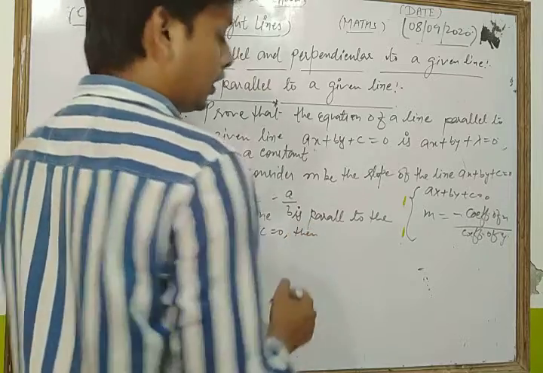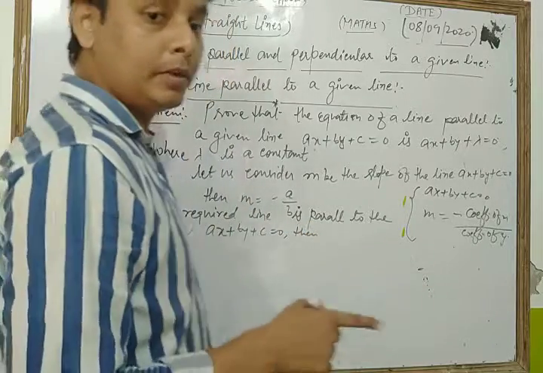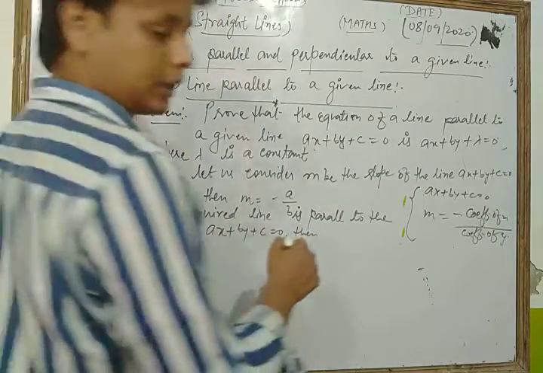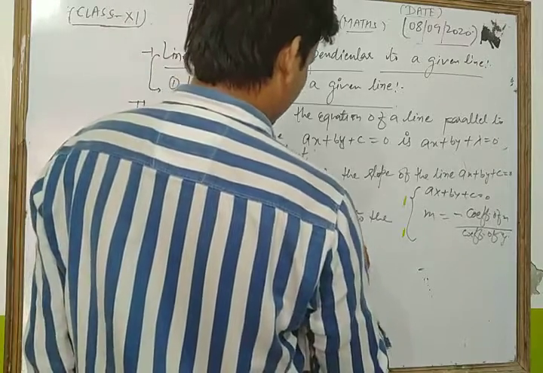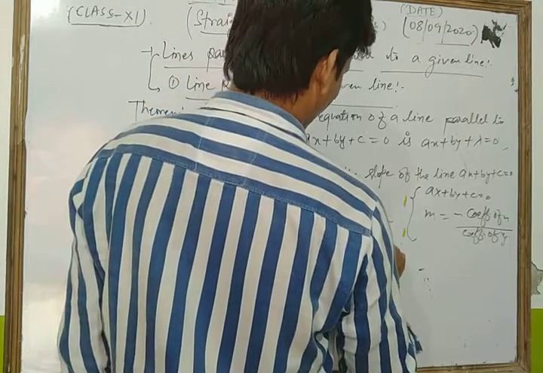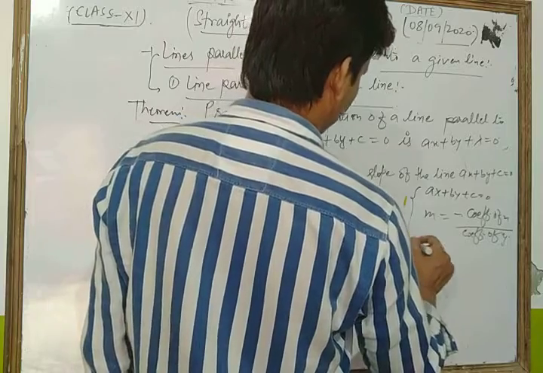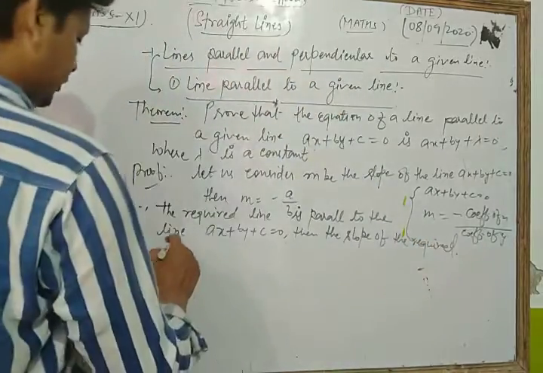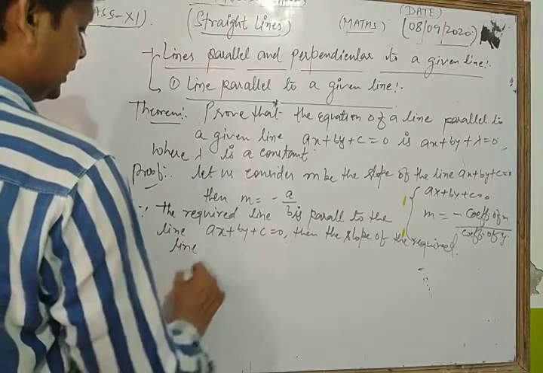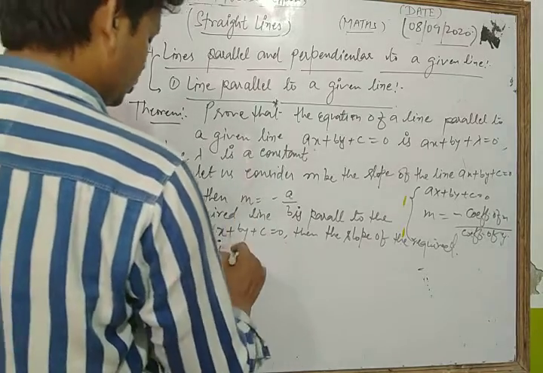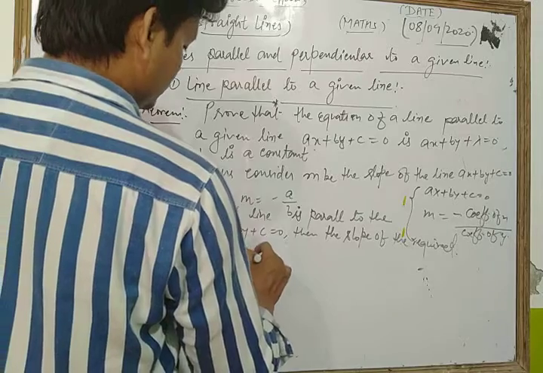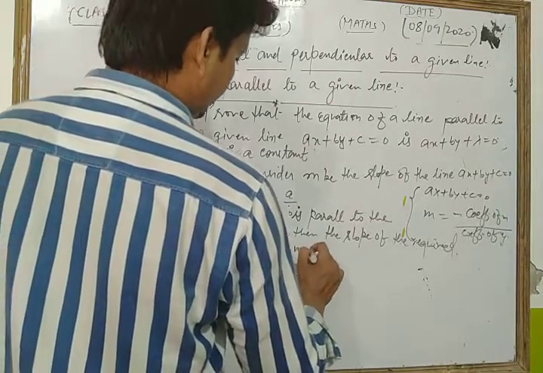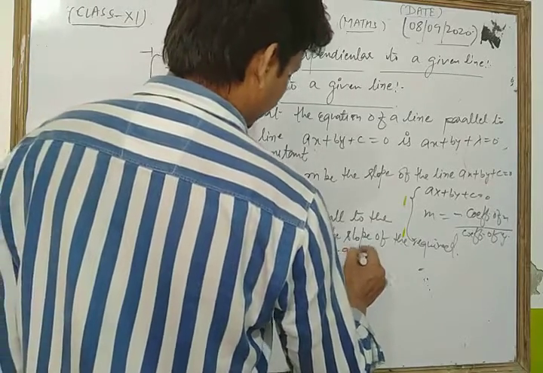Then their slopes will be the same. So the slope of the required line is equal to m, that is minus a upon b.